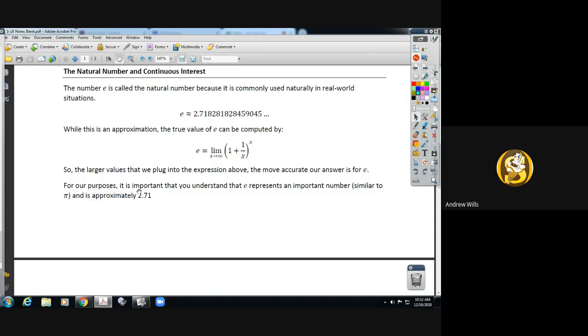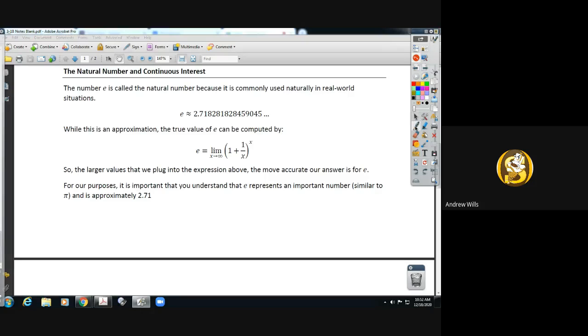But you can't just plug infinity into that because 1 divided by infinity is essentially 0, and raising something to the infinity power is essentially impossible. So the bigger the value that you plug into that expression for x, the closer you get to the actual value of E.